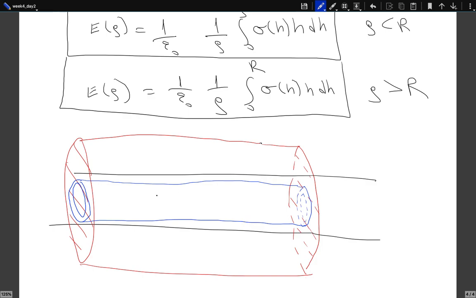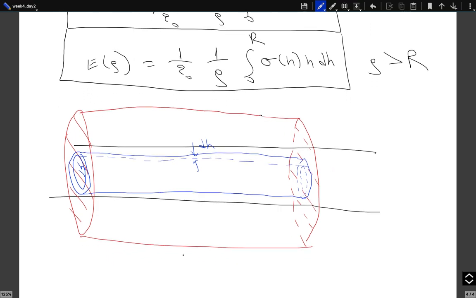It has a thickness dh and a radius h. And for the cylinder, dq is just as before. It is just 2 pi h times L times sigma of h times dh. This is the charge of this cylinder.